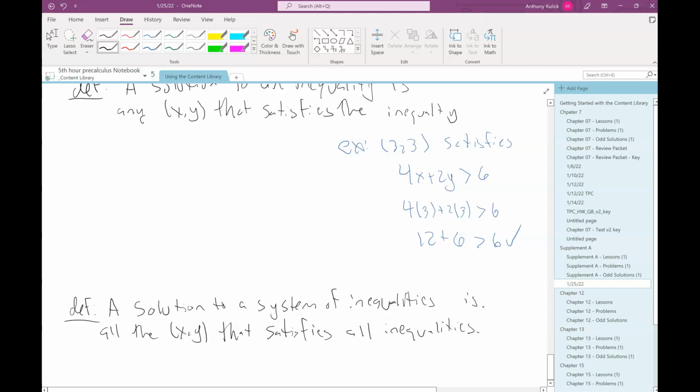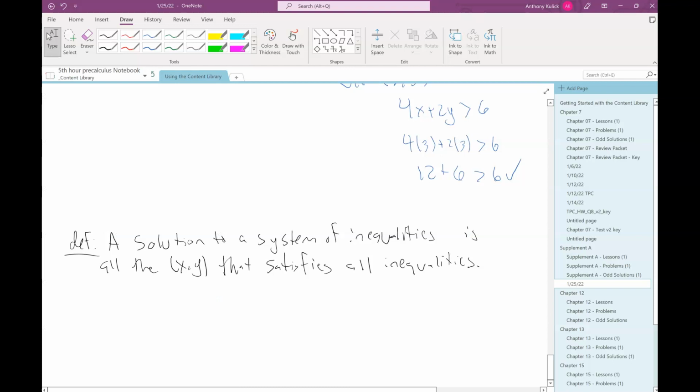So the solution to a system of inequalities is always going to be either kind of an infinitely many solution situation or a no solution. There can't be a case where it's just like equals 1. Without making it really stupid.